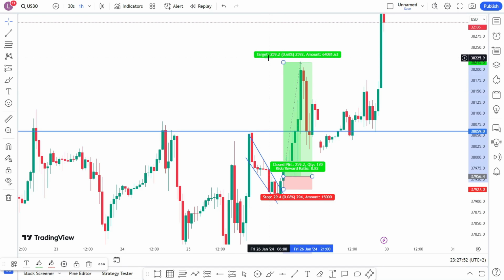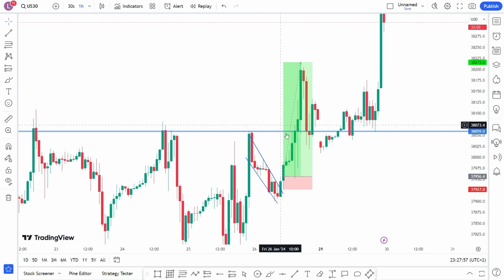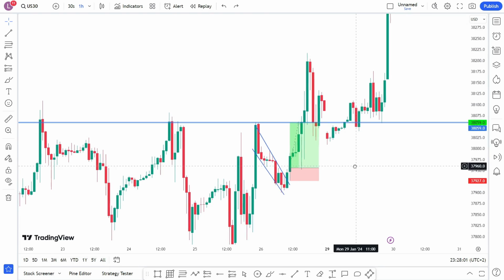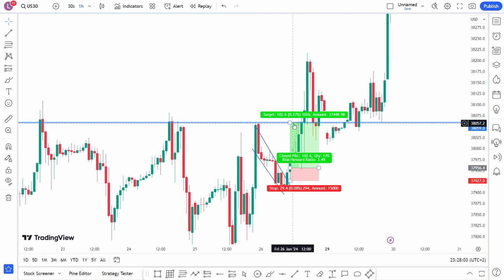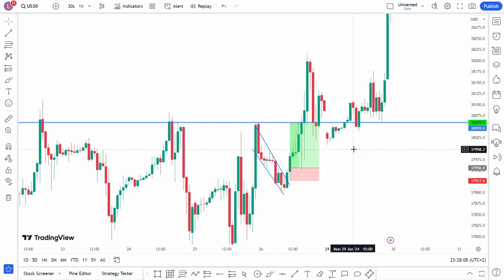It went all the way up to 260 points based on where we entered. But we only got the opportunity to grab 102 points from this trade, and there are a few reasons why I only got 102 points from this specific trade.